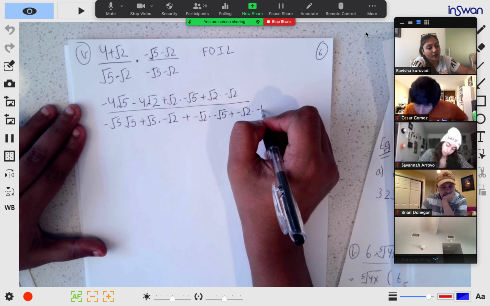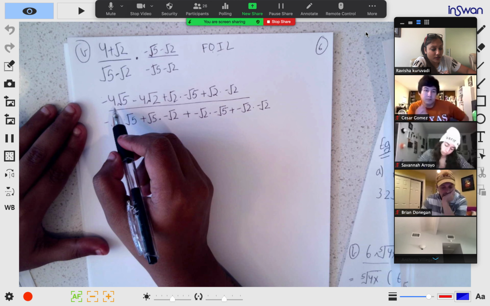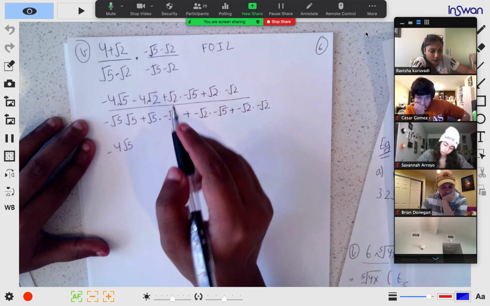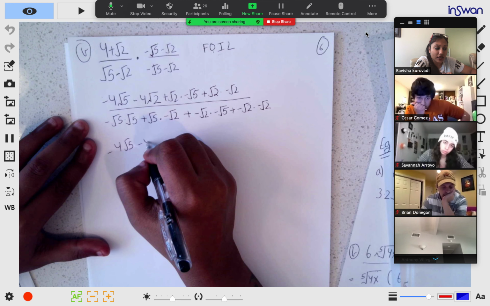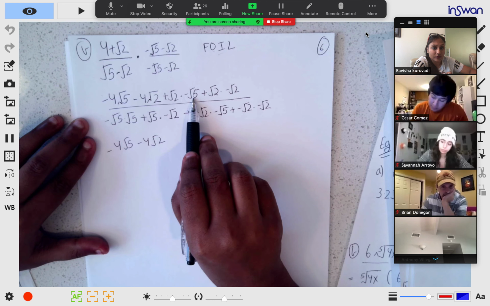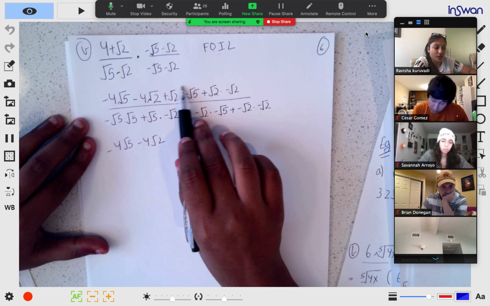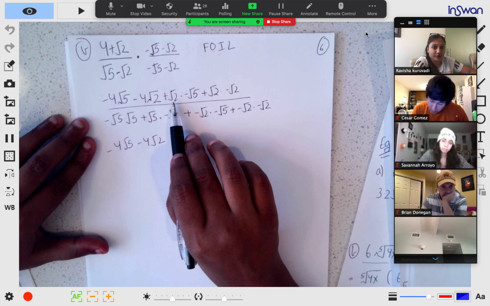Okay, in the numerator you get negative 4 square root of 5, negative 4 square root of 2. What is square root of 2 times negative square root of 5? What does this become, Daniela?